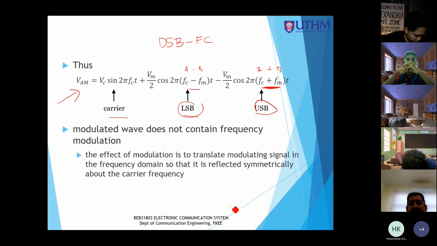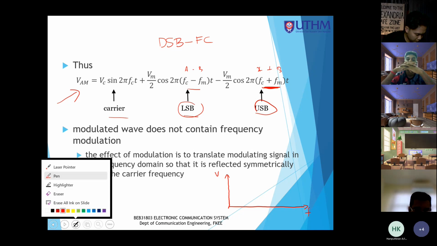So saya lukis dia punya frekuensi spektrum. Perhatikan kelas. Apabila kita melukis jangan guna pembaris. Kita nak lukis frekuensi spektrum, dia merujuk kepada contohnya V versus F. Saya tukar color tu kejap, kita buat hijau.